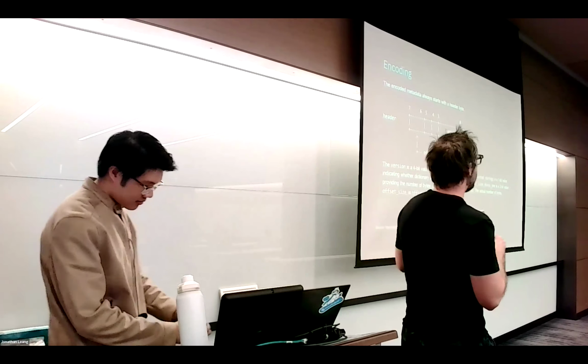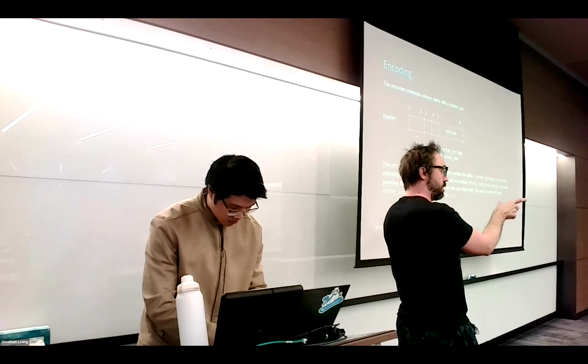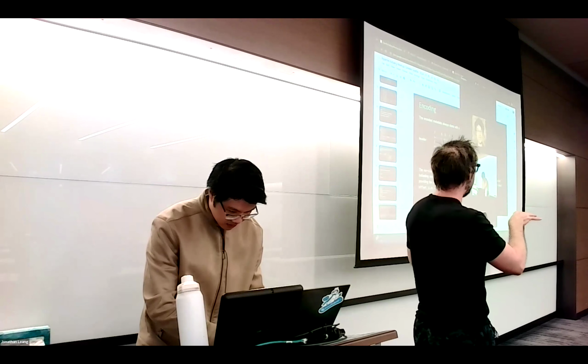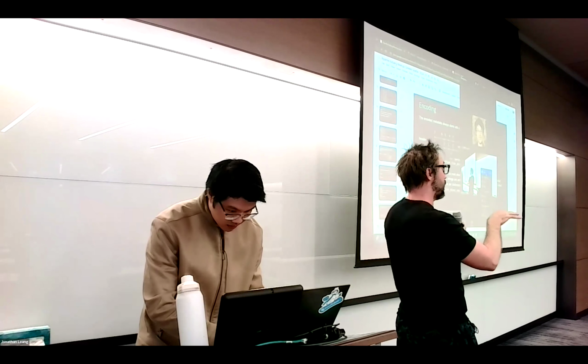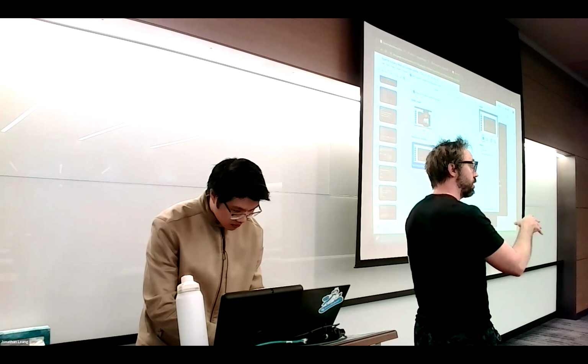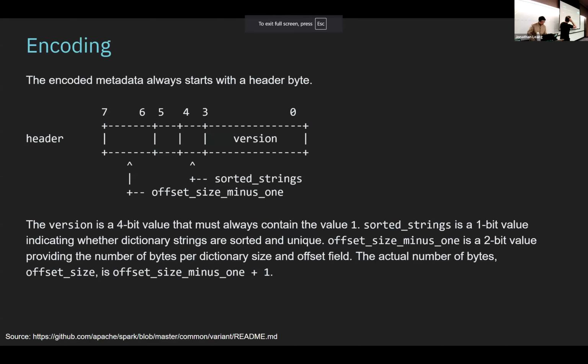But basically, you can think of a variant as essentially a metadata portion that describes various things. The metadata portion describes the dictionary encoding of all the field names. So it's got a header that tells you the version and some things about the offset size.